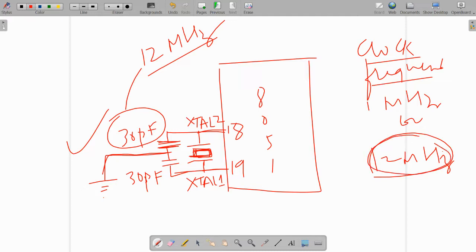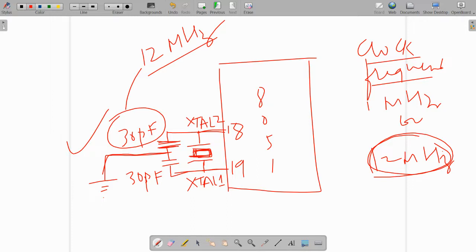Now sometimes if I do not have to connect this particular circuit diagram with two 30 picofarad capacitors, in that case you have an option that an external clock can be directly connected.